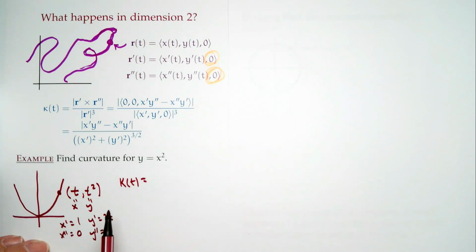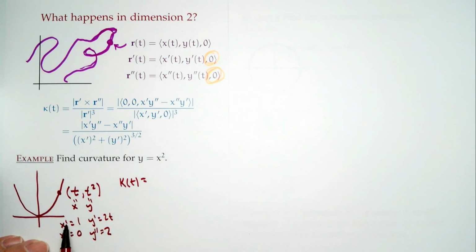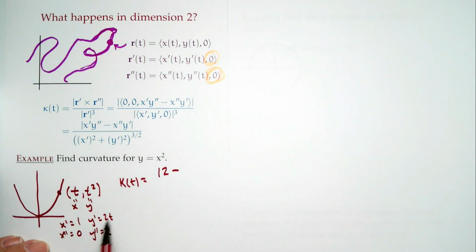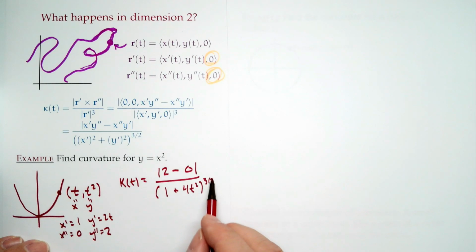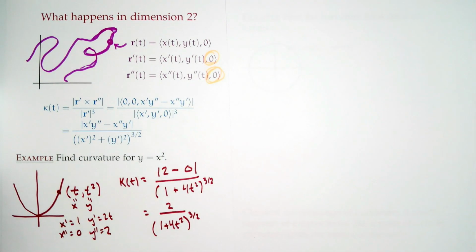So we have x prime y double prime, so 1 times 2, minus x double prime y prime, 0, over, now downstairs we're going to have x prime squared, so that's 1, plus y prime squared, so that's 4t squared, to the 3/2 power. So this is 2 over 1 plus 4t squared to the 3/2 power. All right, so that's not so bad.